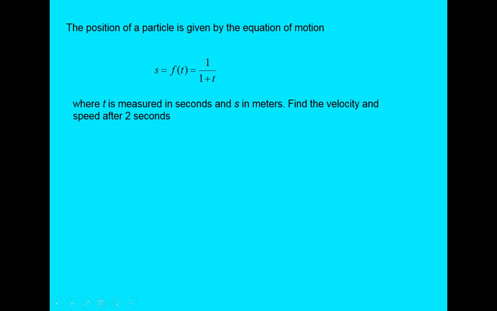The position of a particle is given by the equation of motion f of t equals 1 divided by 1 plus t, where t is measured in seconds and s in meters. Find the velocity and speed after 2 seconds.